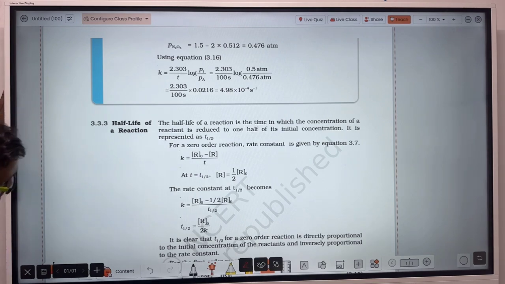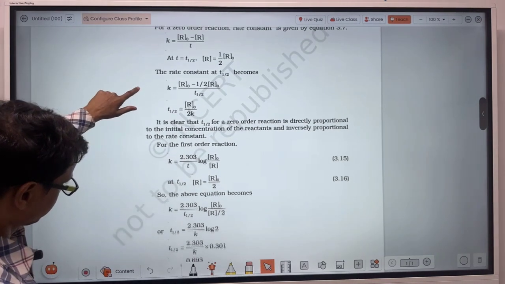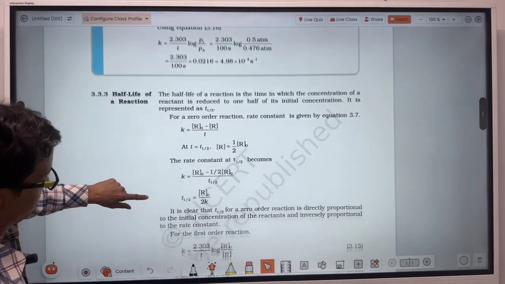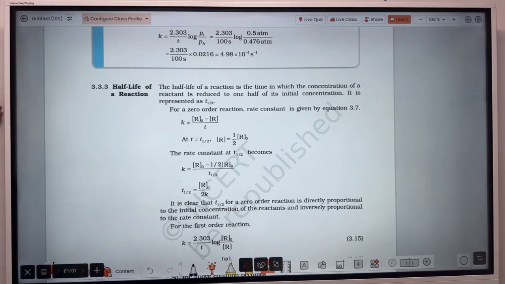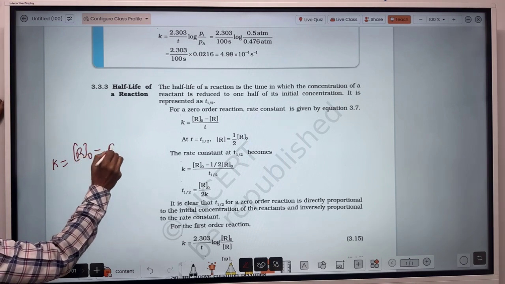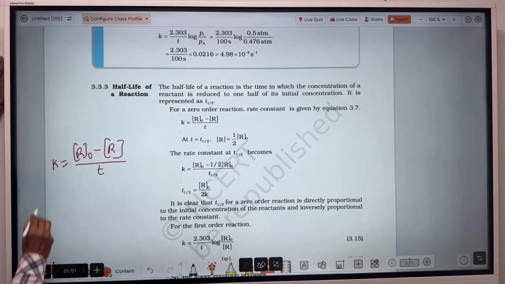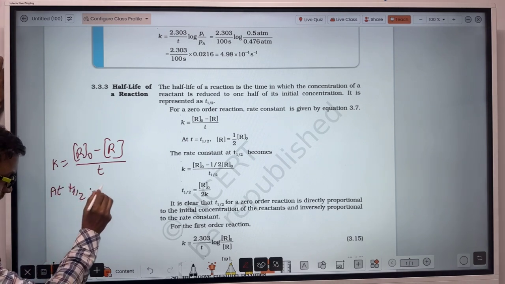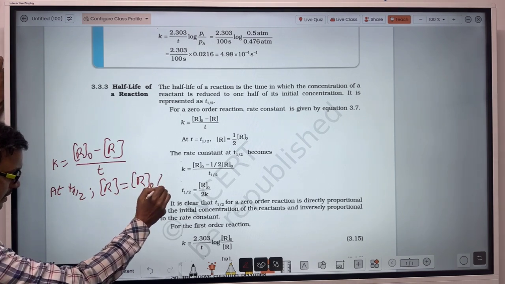So for the zero order reaction, you have already studied the half-life period. For the zero order reaction, you have studied k equal to R naught minus R by t. At t half, the concentration of reactant will be half of the initial concentration.